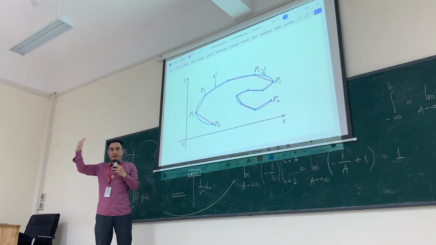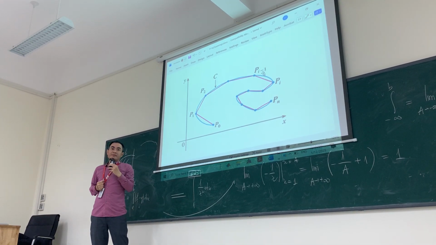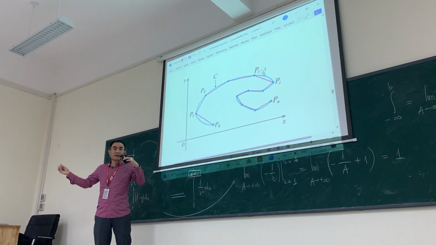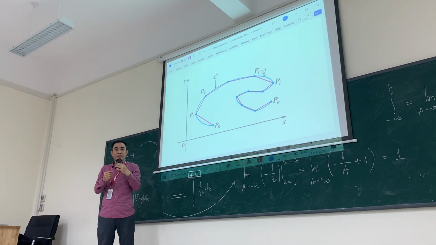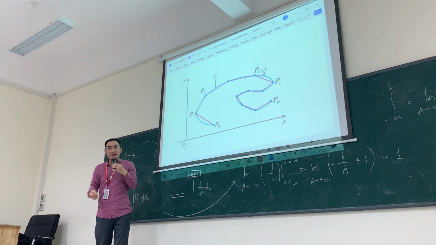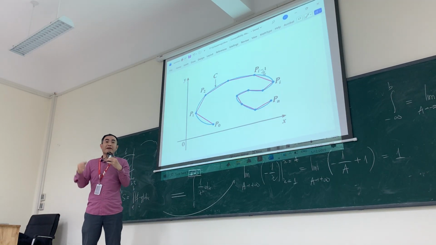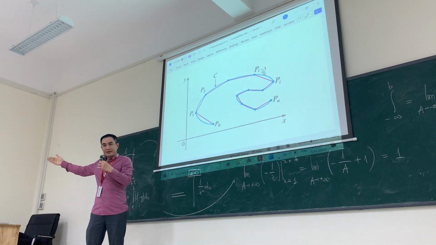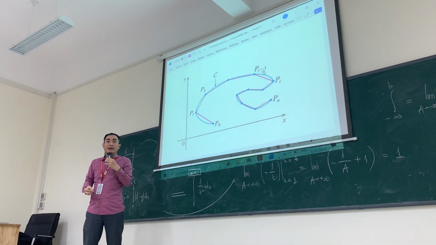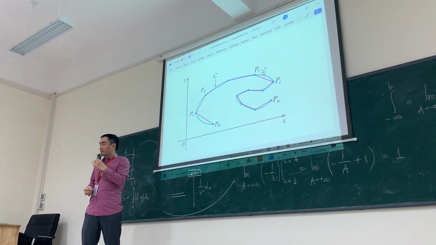We can divide the curve into many small curves. To continue, we can take the sum, the approximate value. I think you know the definition of the definite integral: divide and sum. Then we can have the definite integral.